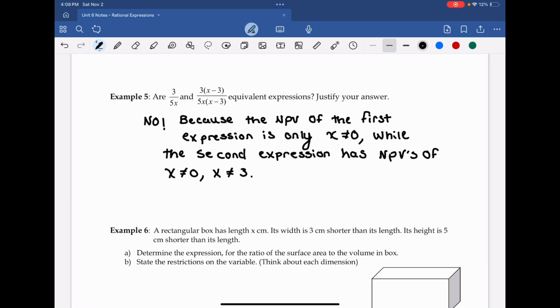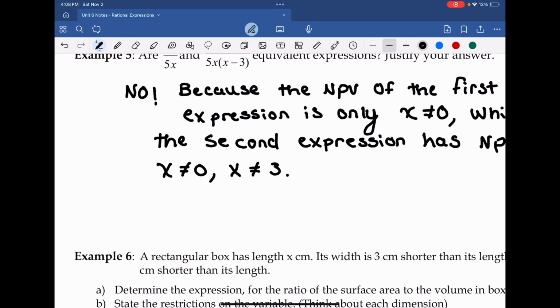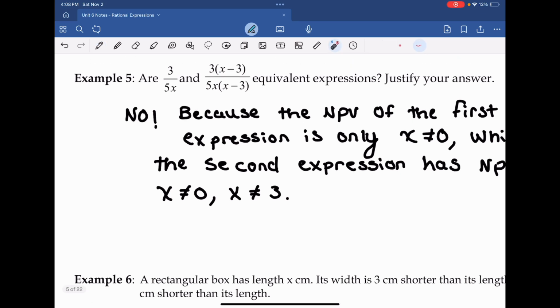So simply put, as we're in the 20 level, it's going to be less important to us that we consider things like point of discontinuity. But the reason is, if you want to get more familiar with this, they both share where x cannot equal 0. We agree with that because of the 5x.